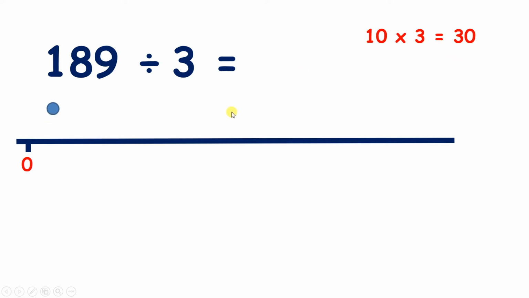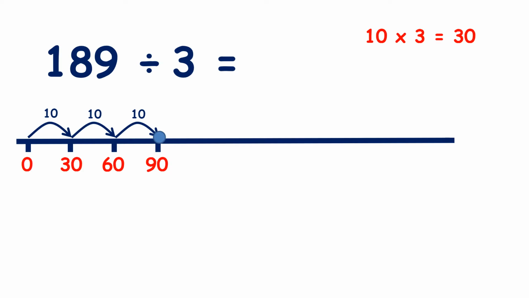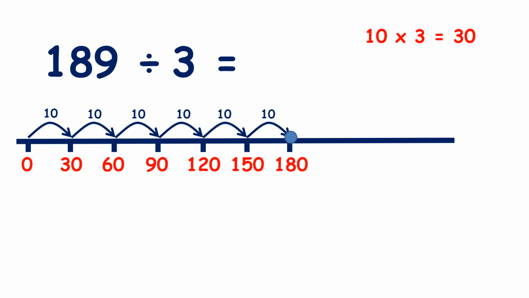So we have 30, 60, 90, 120, 150, 180, and now another 10 threes, another 30, would take us to 210, and that would be too many. So let's stop at 180.